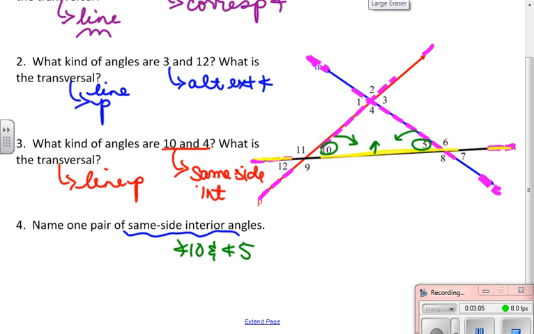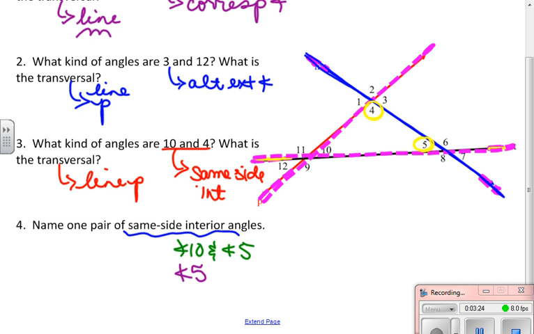If I switch it up and use a different set of lines, like this line and this line being my intersecting lines, then that leaves the blue line M here as my transversal. 4 and 5 would be my same side interior.